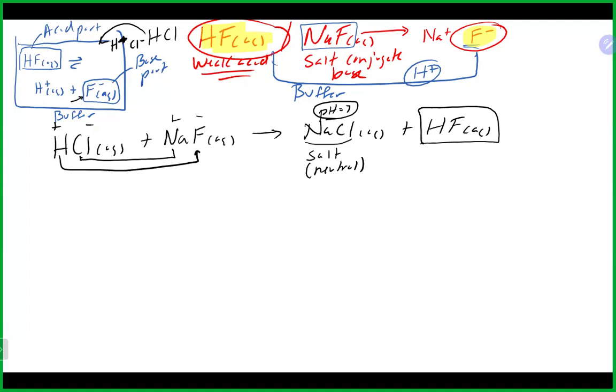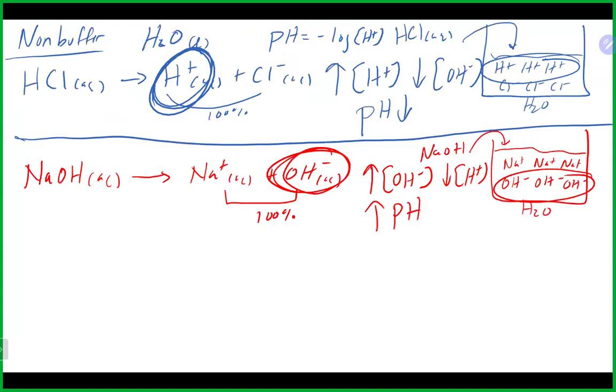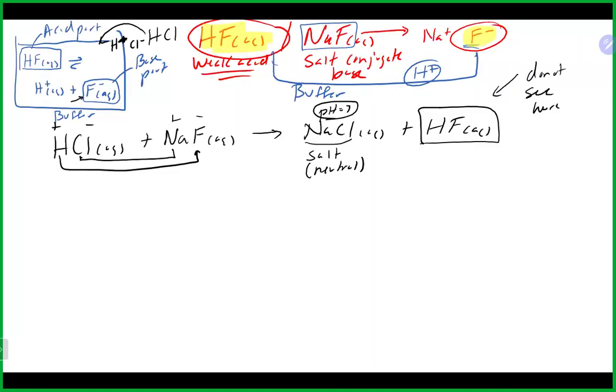It is actually what we do not see here on the product side that we did see when we added acid to water. When we added acid to water, we made a bunch of H pluses freely floating in that solution. When we added the HCl to our buffer, we have no free H plus formed.